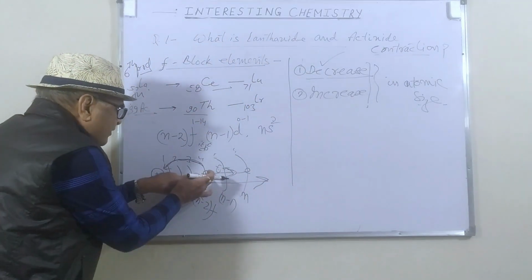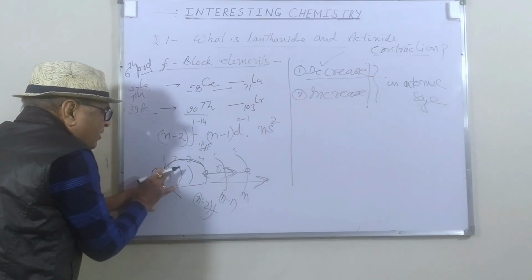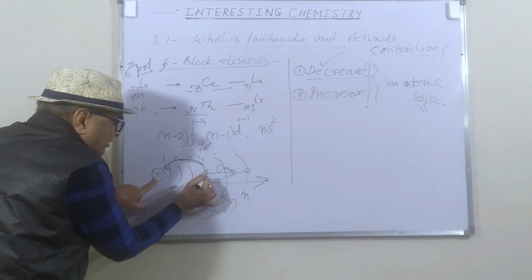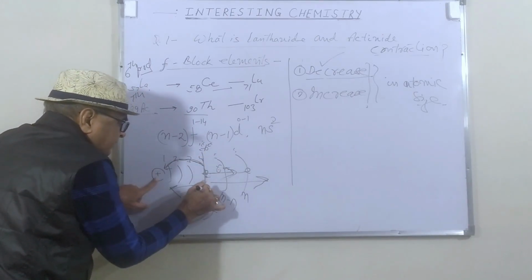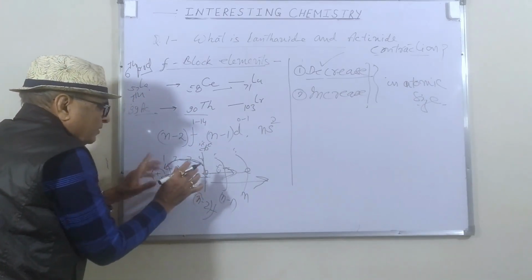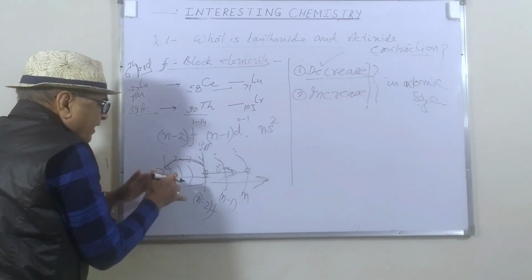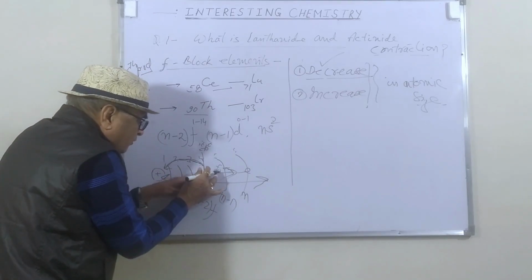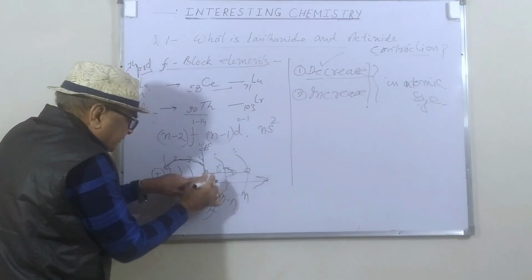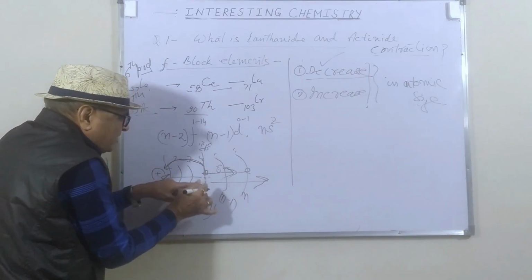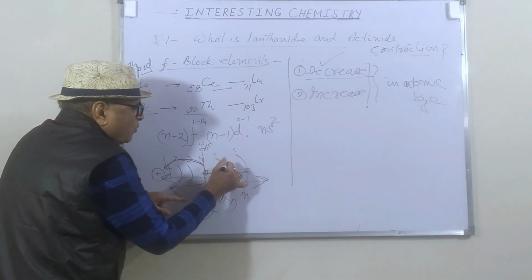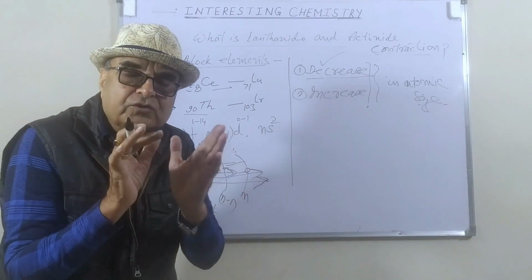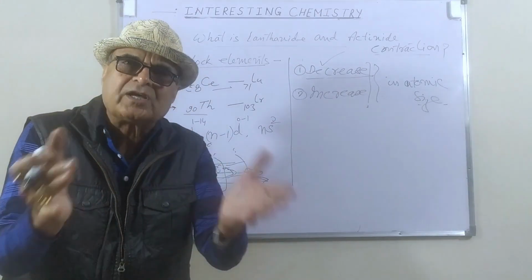The decrease is because this electron is very close to the nucleus, so this electron will experience more attraction of the nucleus, and the size of this portion will be shrunk. On the other hand, the entering (n-2)f electron causes repulsion to the outermost shell, so there will be an increase in the size of the atom.